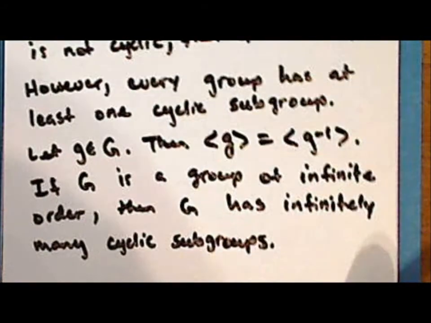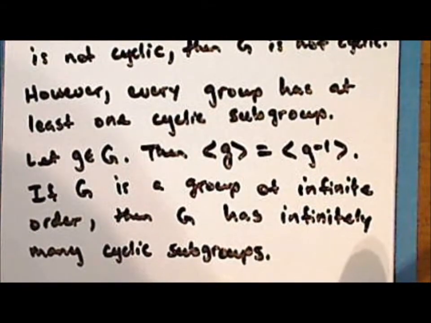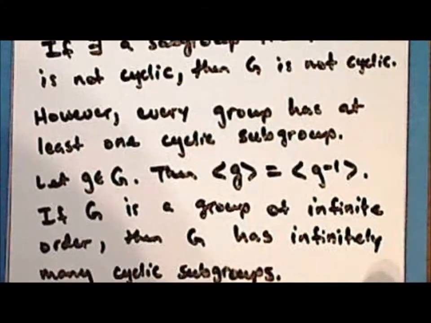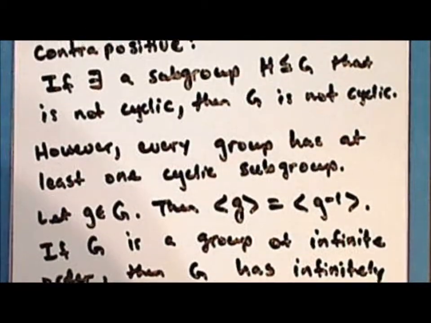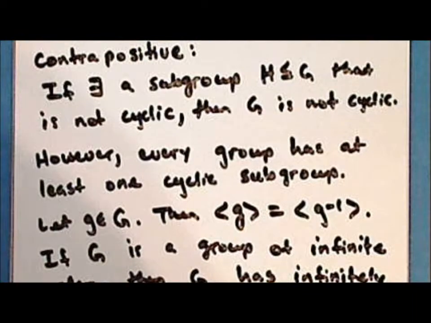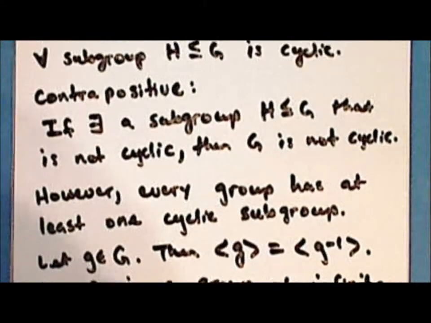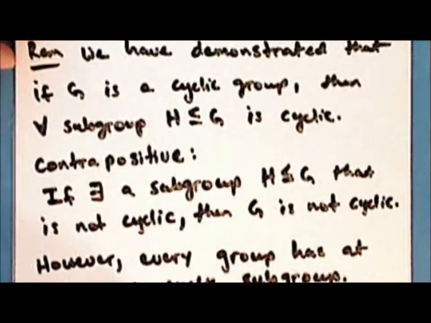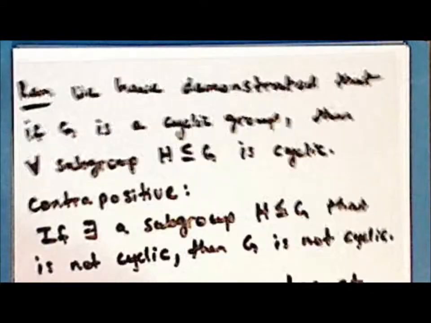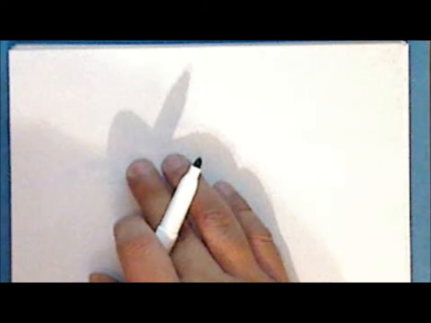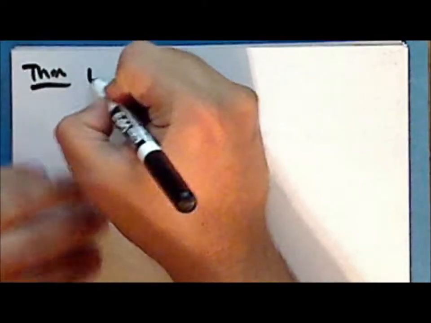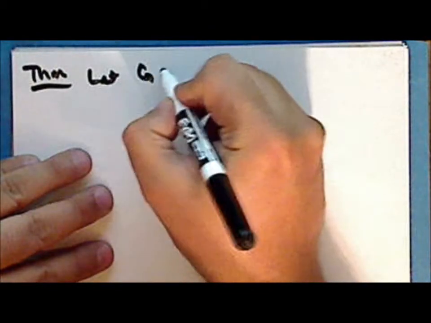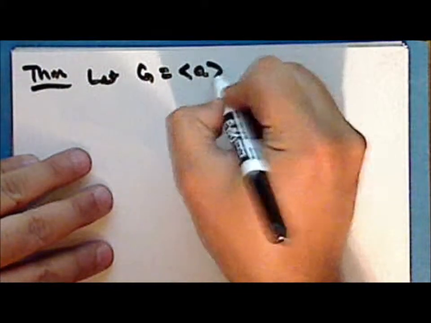Now, from the examples that we have looked at, it would seem that every cyclic group is isomorphic either to the entire group of integers under addition or to the group of integers modulo n under addition modulo n. And this is indeed the case, and we'll prove that as a theorem. So let G be a cyclic group generated by the element a.